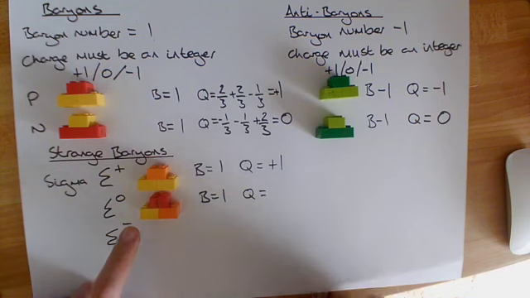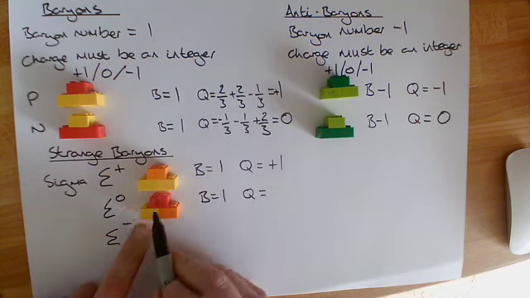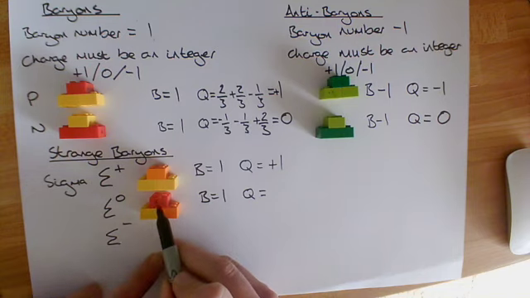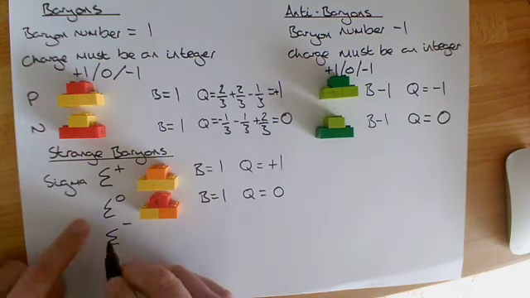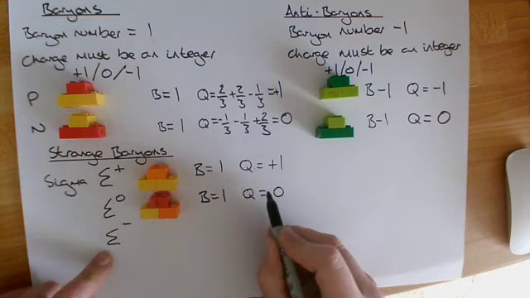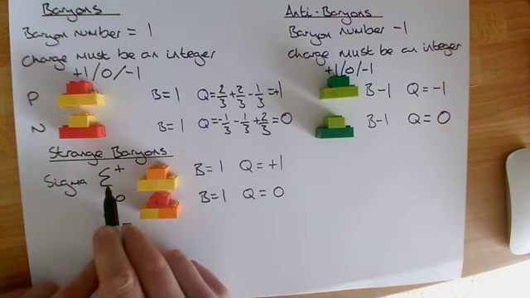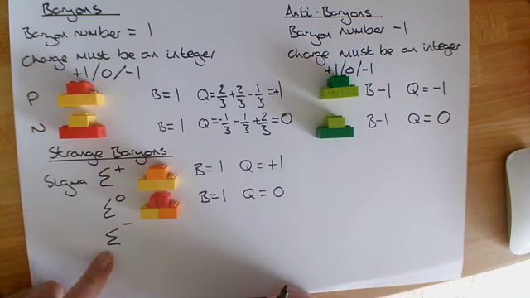Then the charge: up quark has got a charge of plus 2/3, down quark has got a charge of minus 1/3, and our strange quark has got a charge of minus 1/3. So that gives us a charge of 0, and that's where the symbol comes from. So it's a sigma naught because its charge is 0, whereas the sigma plus is a sigma plus because it's got a charge of +1.